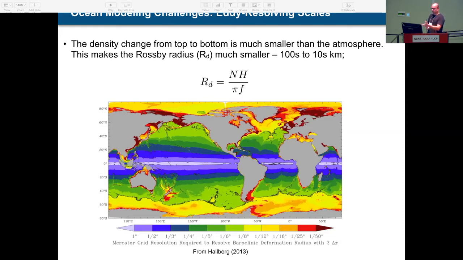But the bottom line is on the equator, you need on the order of 1/2 of a degree to start resolving the first baroclinic radius of deformation, while at high latitudes, it's kind of off the scale here, less than 1/50 of a degree. With 1/10 of a degree, you can resolve the mesoscale mostly everywhere, but still not at all locations, especially high latitudes and shallow areas.